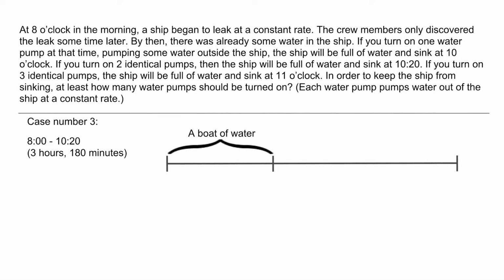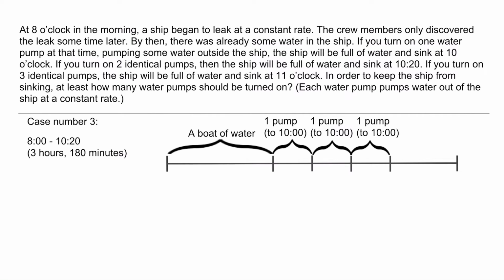Let us look at case number 3. We chop this second line segment into 4 smaller line segments. These 3 line segments represent one pump operating from when the leak was discovered to 10 o'clock when the boat sank, each.